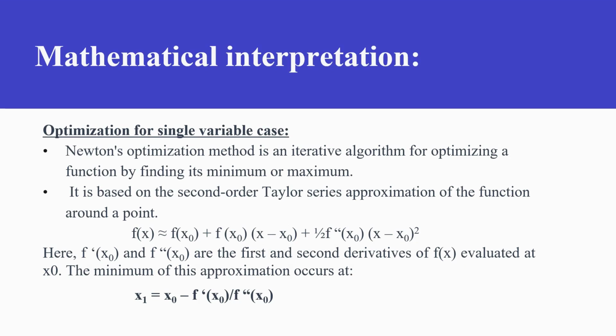It is based on the second order Taylor series approximation of the function around a point. f(x) is approximately equal to f(x_0) + f'(x_0)(x - x_0) + (1/2) f''(x_0)(x - x_0)^2. Here f'(x_0) and f''(x_0) are the first and second derivatives of f(x) evaluated at x_0. The minimum of this approximation occurs at x_1 = x_0 - f'(x_0)/f''(x_0).